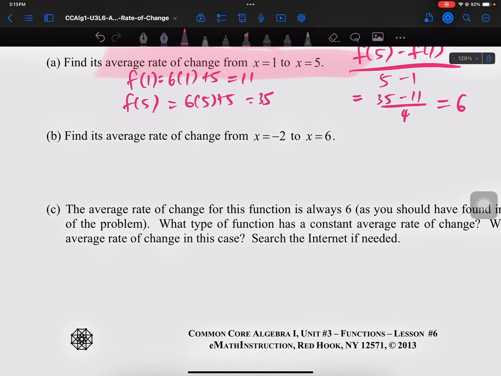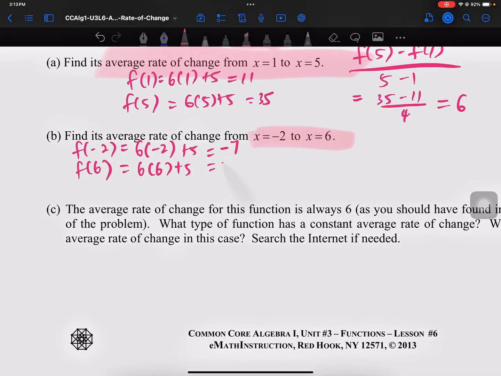Okay, so for B, we need to find it for x equals negative 2 to x equals 6. We first find f(negative 2). What is the output? We put in x equals negative 2. It is negative 7. For f(6), it is 6 times 6 plus 5, which is 41.